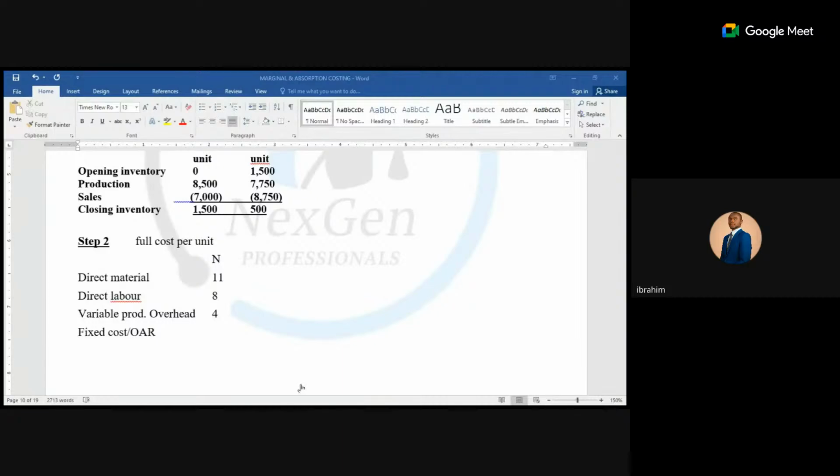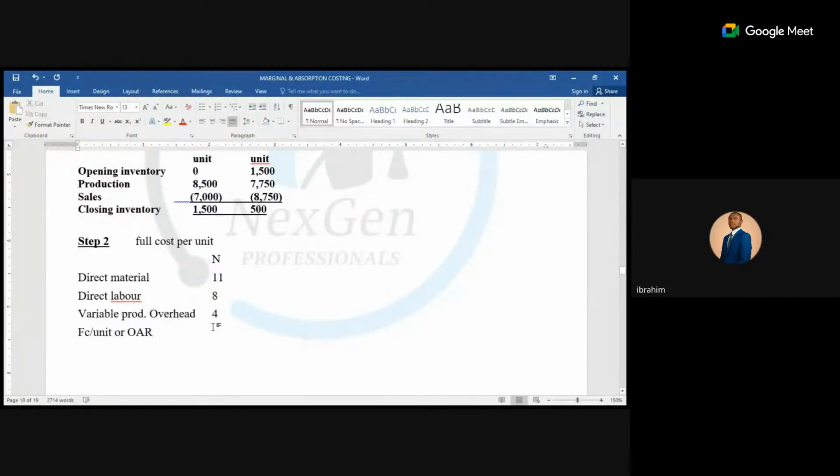What is the full meaning of OAR? Overhead absorption rate. Let me use this: fixed cost per unit. When you see slash, it is per unit. Or overhead absorption rate. If you check your material, it is there.